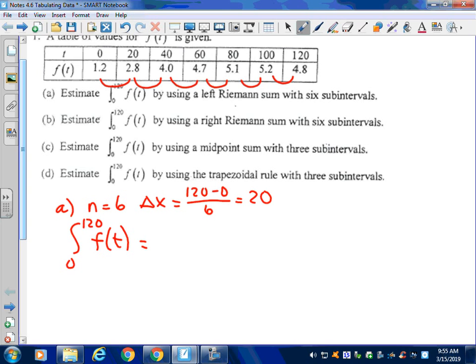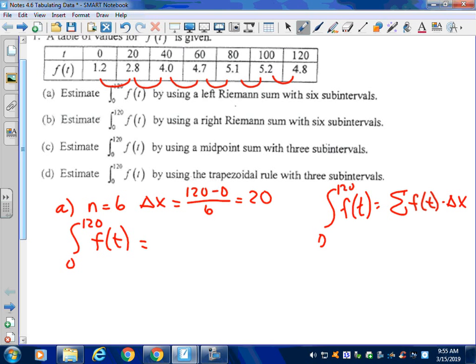Now, let's write that over here. If we're doing from 0 to 120 of f of t, we are going to do the sum of f of t times delta x. And technically, I guess that really isn't delta x, I guess that's delta t.